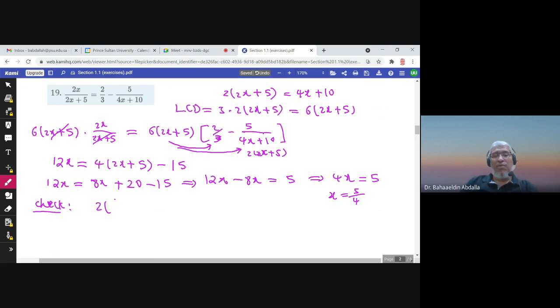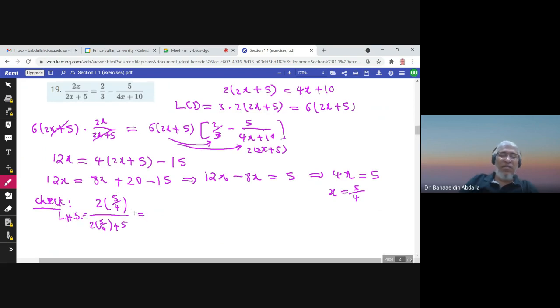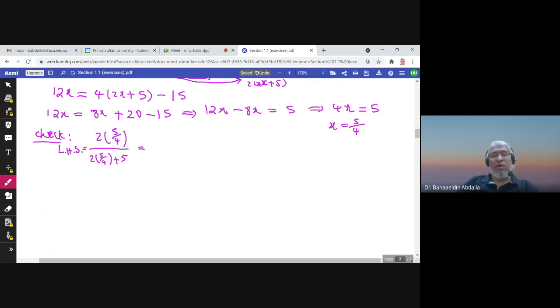So 2 times 5 over 4 over 2 times 5 over 4 plus 5. This is the left hand side. Let me evaluate the left hand side first. So this would be 5 over 2. And this would be 5 over 2 plus 5.